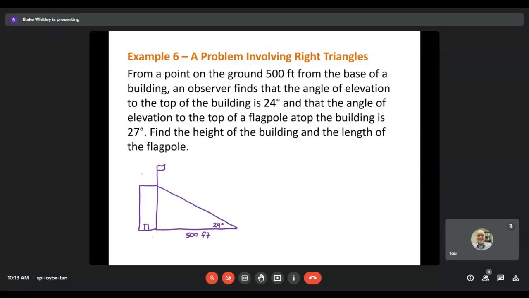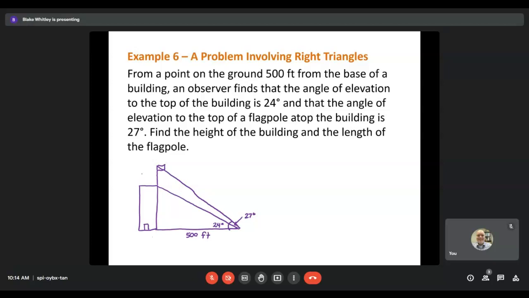But the angle of elevation to the top of the flagpole, that entire angle there, is going to be 27 degrees. Now, what we're asked to find is the height of the building and the length of the flagpole.